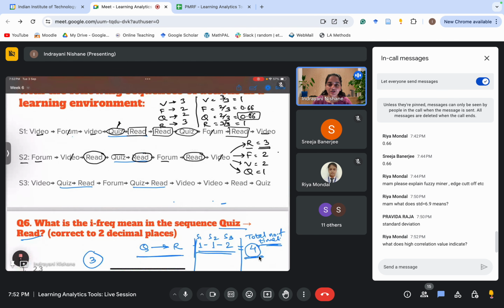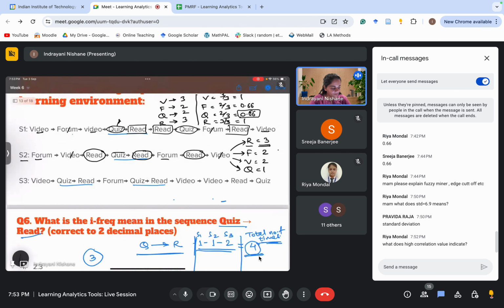So high correlation value, you remember correlation we discussed last week, how dependent and independent variables work, when one variable increases, what is the effect on the other variable. Likewise, when we talk about correlation between nodes and edges, highly correlated nodes are those which occur in that particular sequence.